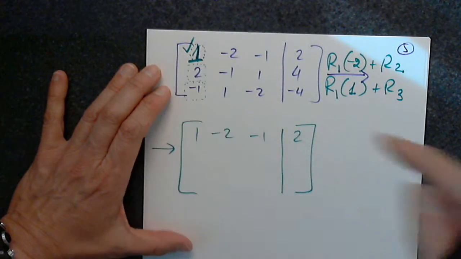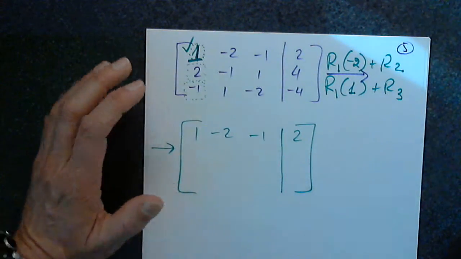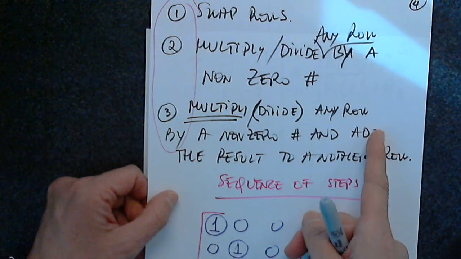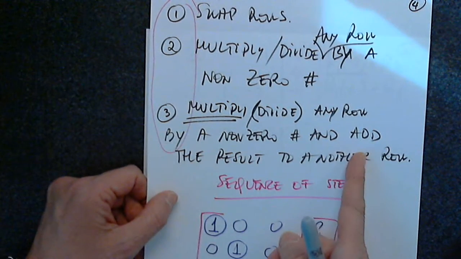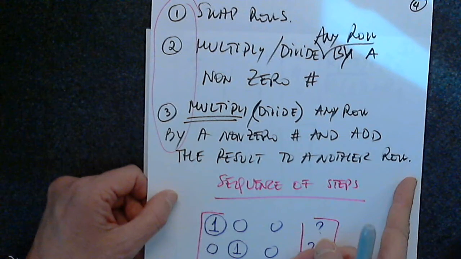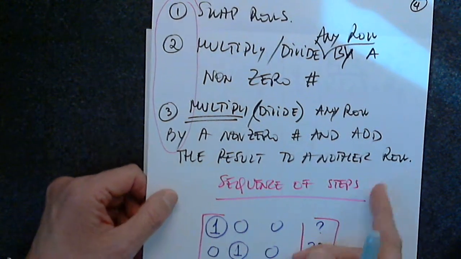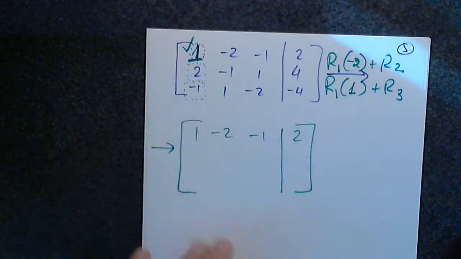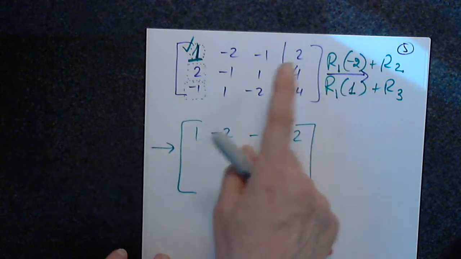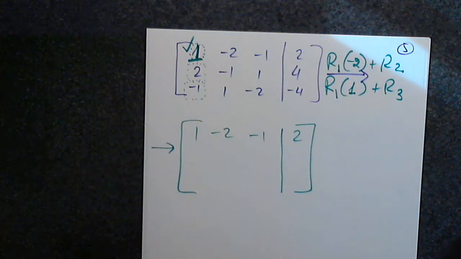So I know you are aware we are doing number 3. We're multiplying a row by a non-zero number, and we're adding the result correspondingly to each and every entry in another row. Ready? So 1 times -2 is -2, plus 2 is 0.